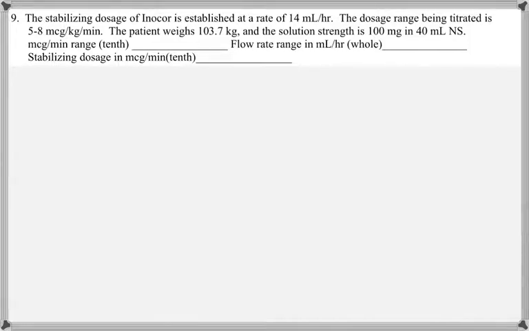We are going to start with the weight. So I don't need to divide by 2.2 because it's already in kilograms. But I am going to set it up in a proportion with the rate that also has kilograms. And that's right here.